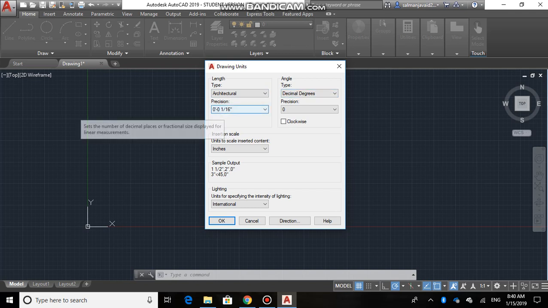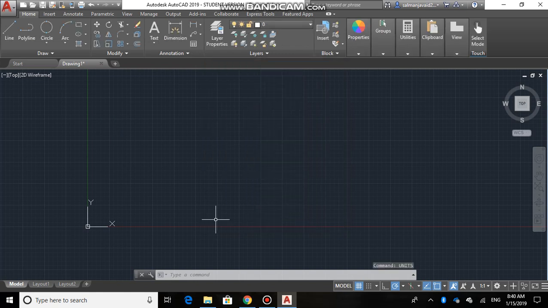We will just leave it like that, and all the settings are done. So no more messing with anything. This is okay. Now clicking OK, we have it fit. The units we will be using will be feet and inches.